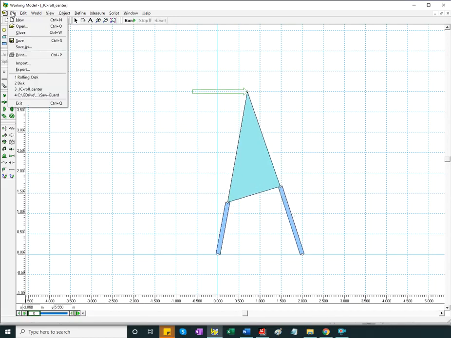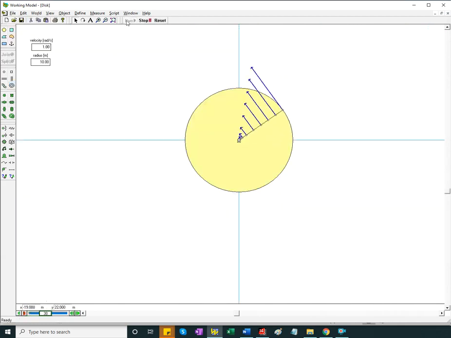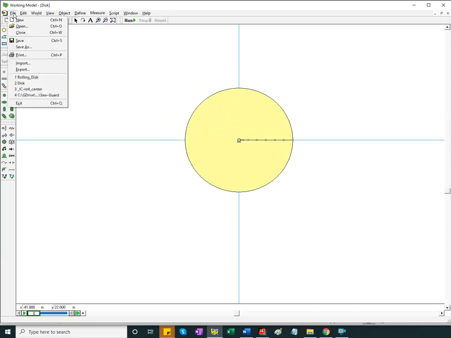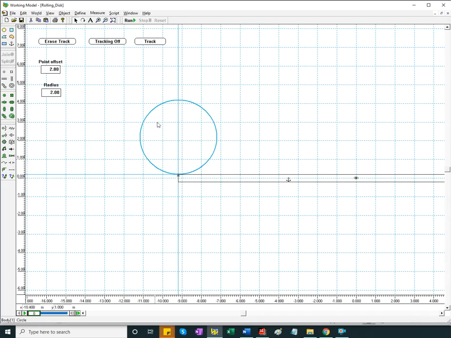Okay, let me go to the rolling disk. Well, disk first. So it's a working model, and Working Model can show velocity vectors of points, and you can see the velocity distribution, something you saw in dynamics. I'm sure you've been told about this. And then I'm looking at the rolling disk, and it rolls without slip along a rectangle, and the instant center between the rectangle and the disk is the contact point if there is no slip.